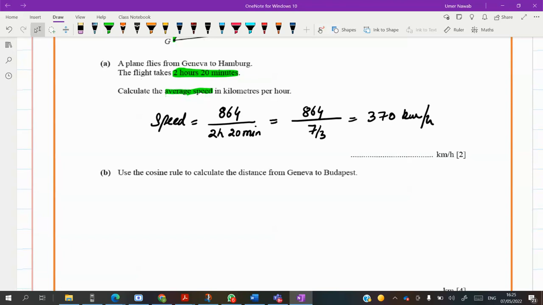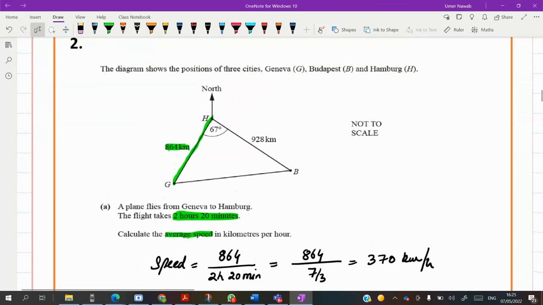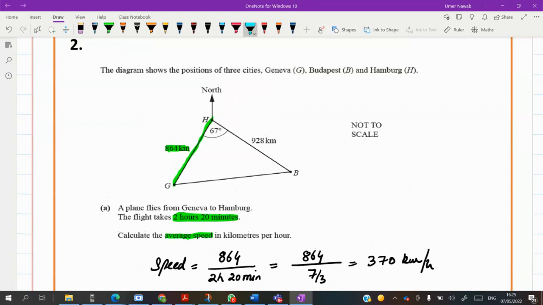Using the cosine rule to find the distance of Geneva to Budapest. The two sides are given, and the angle is given.